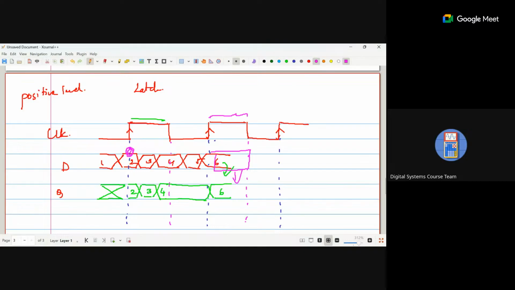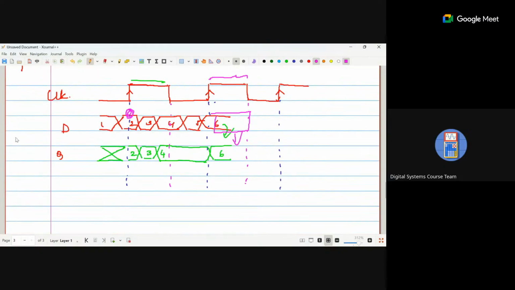So the same thing if we are talking about negative level trigger. Initially this is a negative edge. What is the negative edge value here? It is 1. So you will have 1, then 2 will start here. After that, this is positive, so till the next negative it will remain 2.